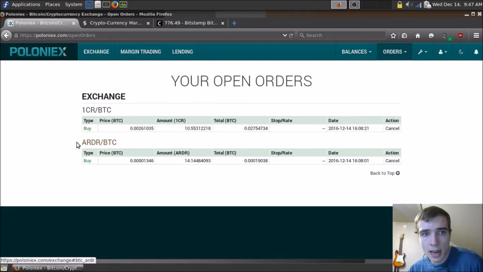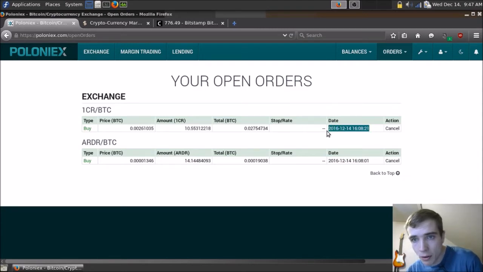As you can see, I have a buy order on ARDR and 1 CR, and those are my two open orders right now. And you can see that they're both created today, December 14th at 16:08. So, you know, pretty early in the morning, but it's weird that it does that.